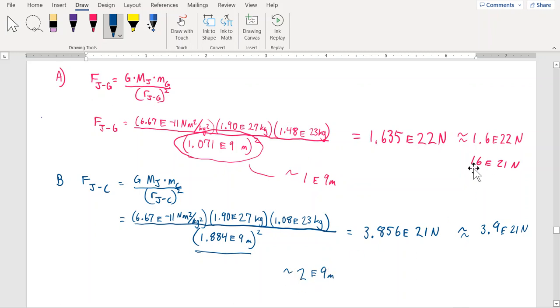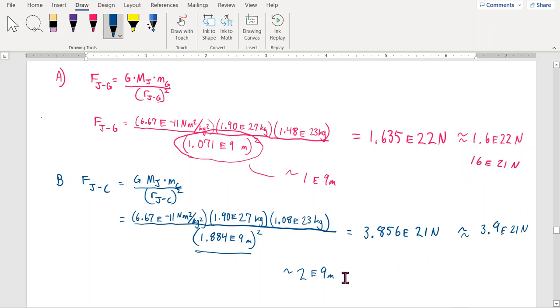Now, if we look at the force between Jupiter and Ganymede, and then the force between Jupiter and Callisto, how do they compare? And this is why I changed the exponent here, so it's more obvious. 16 times 10 to the 21 and 3.9 times 10 to the 21. Not perfect, but this is essentially a factor of 4 difference.